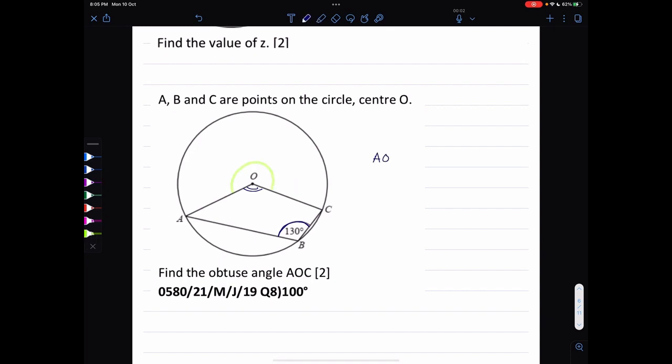So the reflex angle AOC is going to be 2 times 130, that is 260 degrees, and the obtuse angle AOC is going to be 360 minus 260 degrees. That is going to be 100 degrees. Alright, that's how you apply this property.